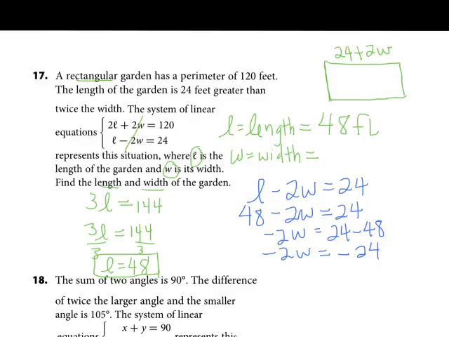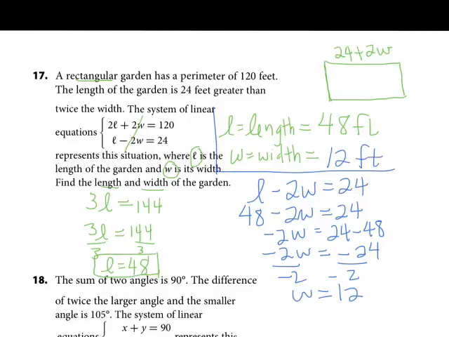If I divide by negative 2 on both sides, then I'm going to end up with W equals 12. Negative and a negative become a positive, and 24 divided by 2 gives me the number 12. So now I know my width, and I'm going to take this width and write it up here. So my width is 12 feet. And these two here are my solution to that problem.